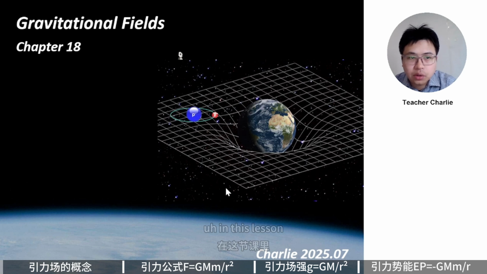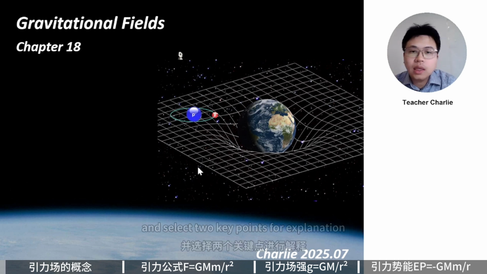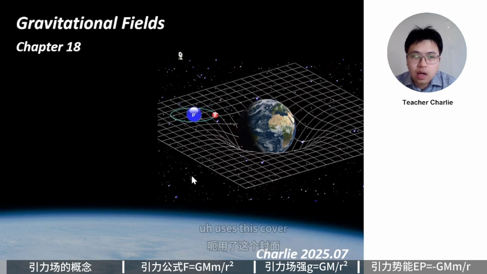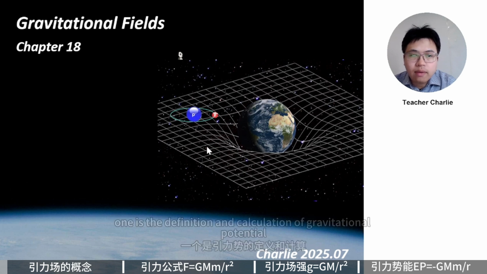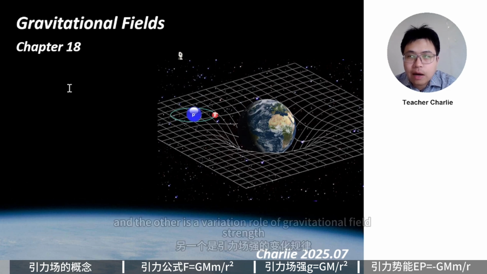In this lesson, I will focus on gravitational fields in A-level physics and select two key points for explanation. One is the definition and the calculation of gravitational potential energy, and the other is the variation and role of gravitational field strength.